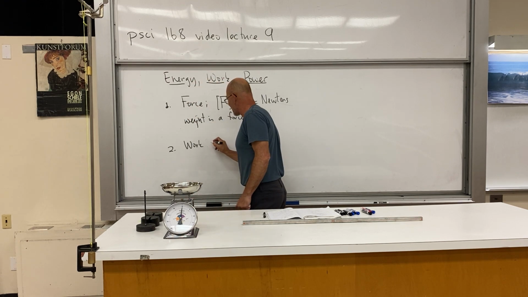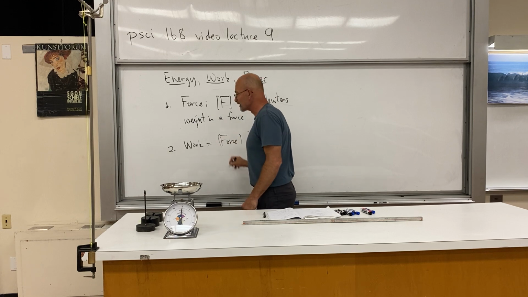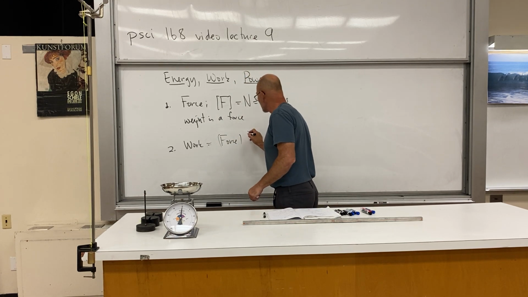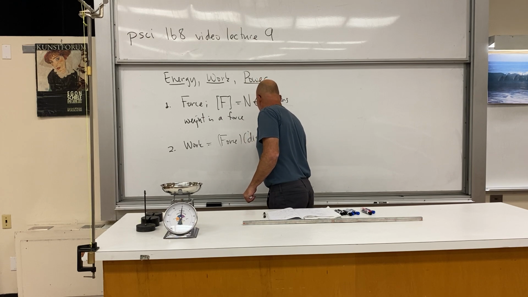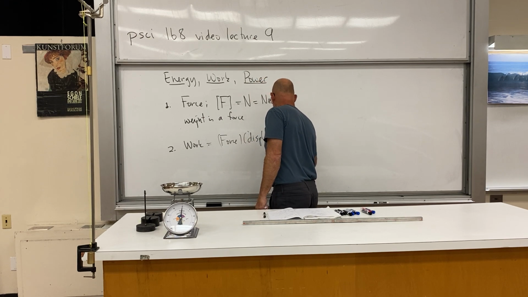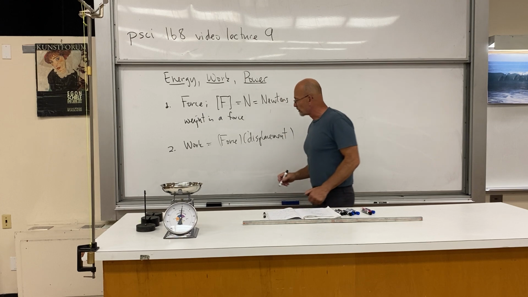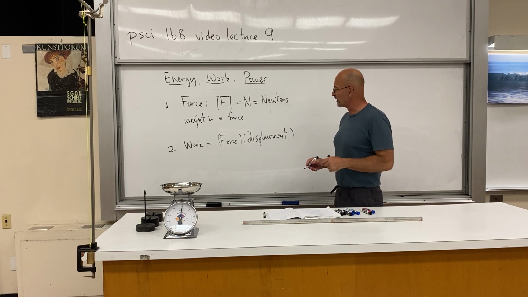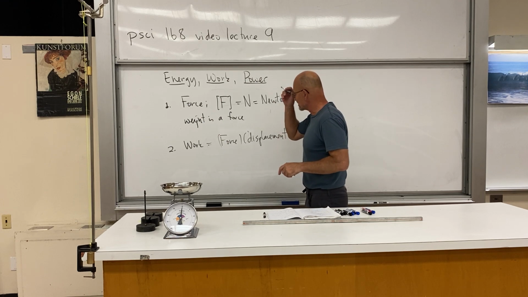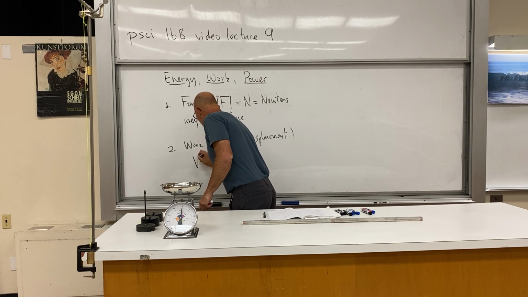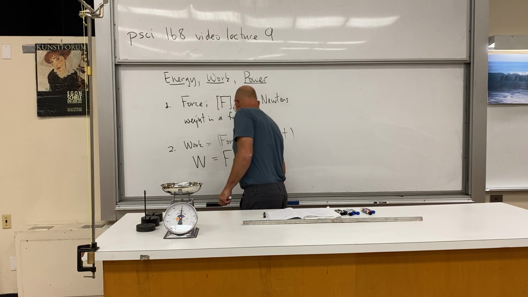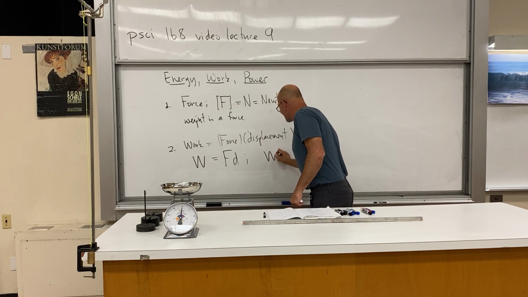Then we have work. This is what we had arrived at, and work is a force times a displacement. So if you move a weight, that takes work. Displace as in the sense of moving something. And of course the displacement has to be in the direction of the force, okay? That's a detail I talked about before. So work is force times displacement, and we're always interested in the units.